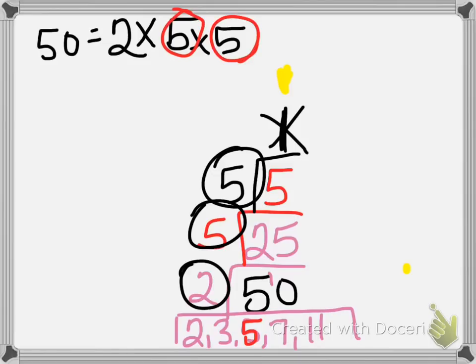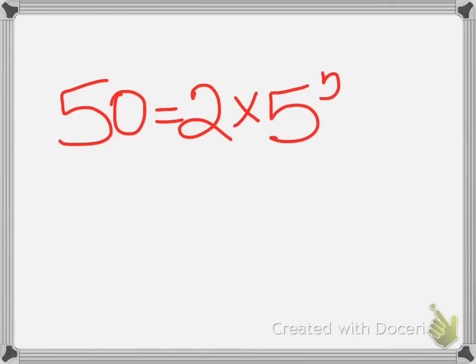I'm going to rewrite this as one 2 times 5 with an exponent of 2 above the 5, because I have two 5s. That's where we get the exponent. So the prime factorization of 50 is 2 times 5 squared.